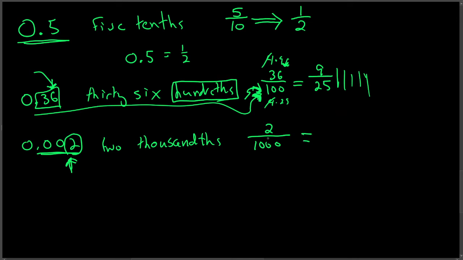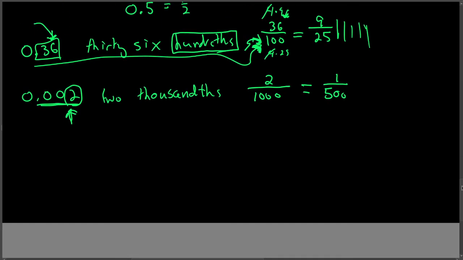Again, this can be simplified. Both of these are divisible by 2. So that's 1 over 500 in simplified form. So we can write a decimal, any decimal, as a fraction or mixed number.